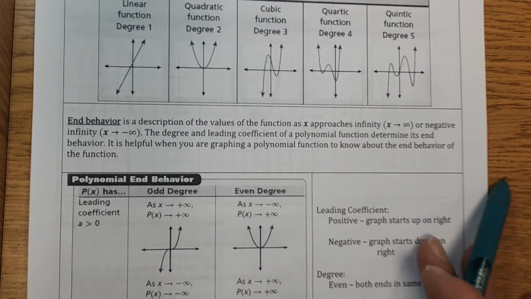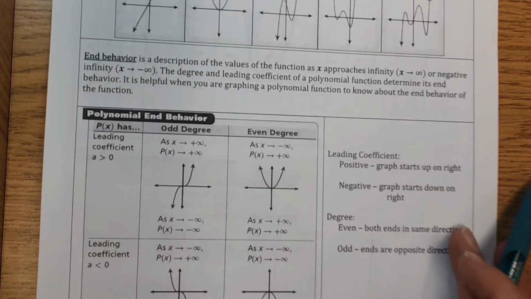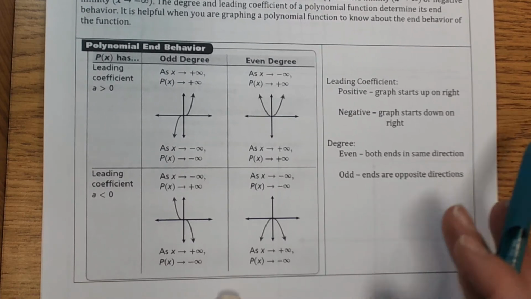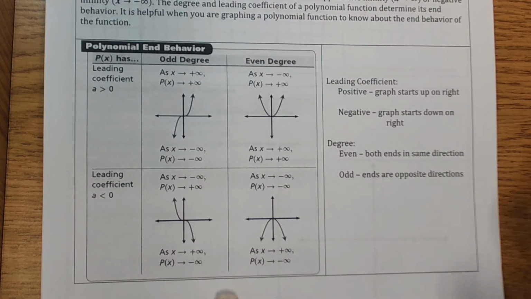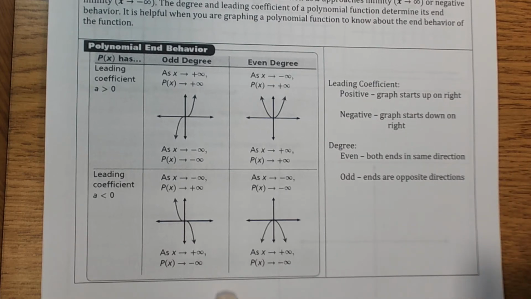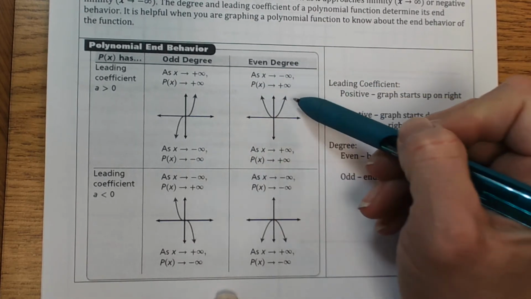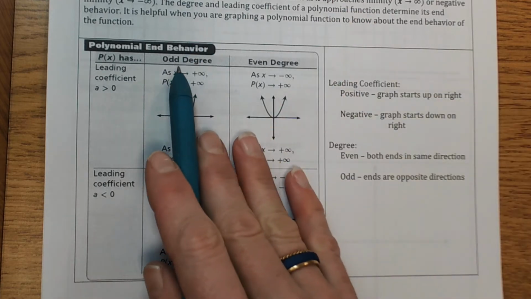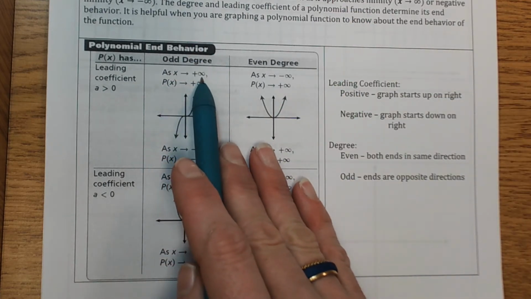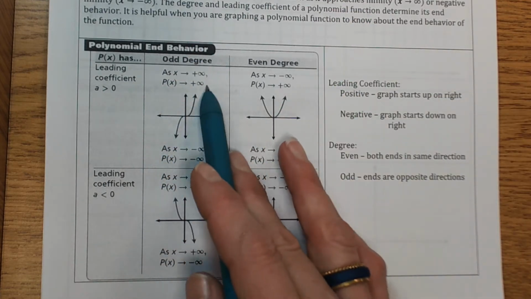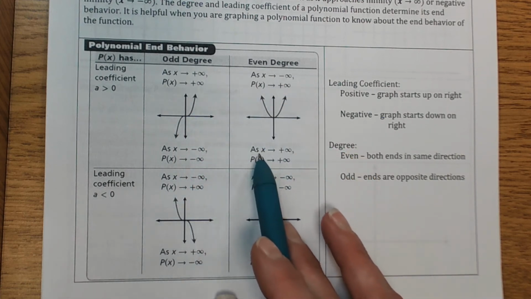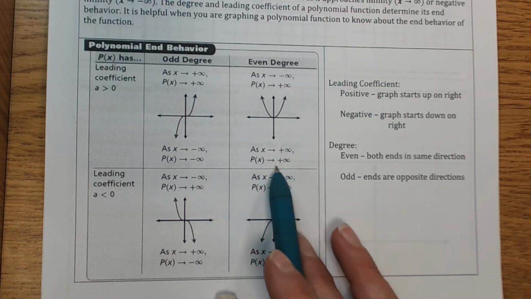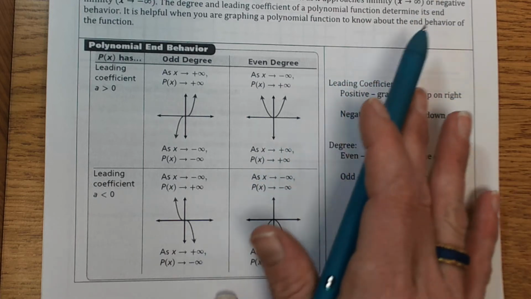Okay, so when we were using the wave, we talked about, well, if the leading coefficient was positive, or all the signs on our x were positive, we knew we started in that top right. So as x went to positive infinity, so did our function. That's up to the right.